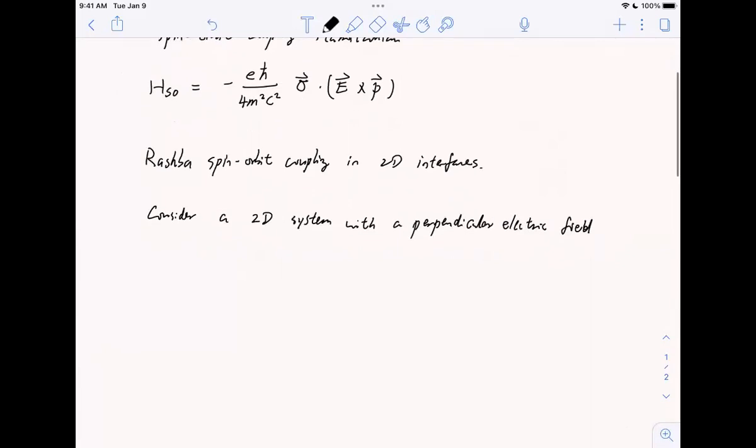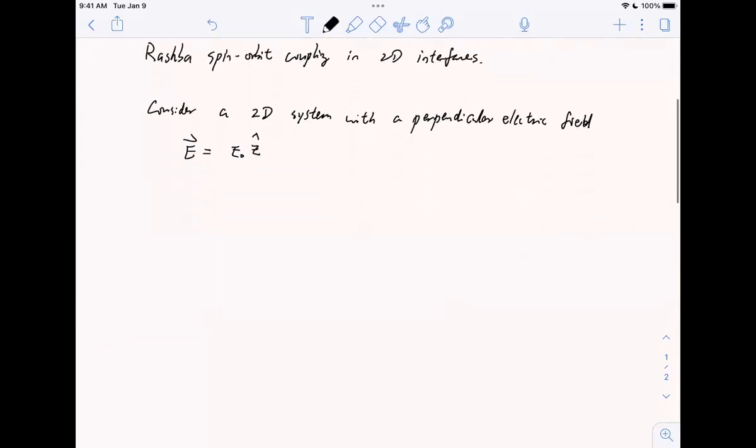We'll make the electric field equal to this form.